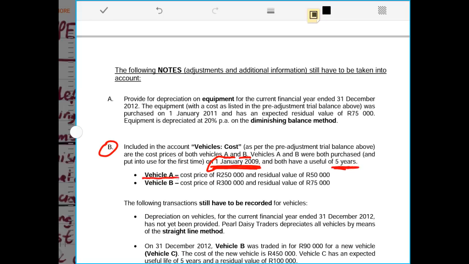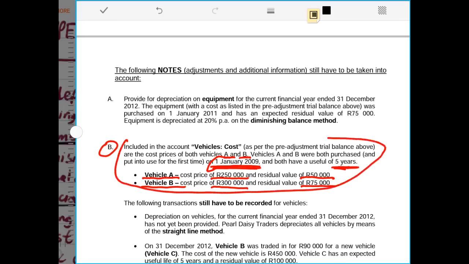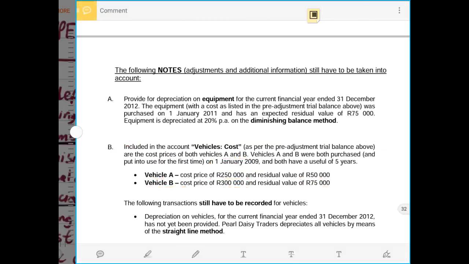Motor vehicle A and motor vehicle B cost 250,000 rands and 300,000 rands respectively, and have residual values of 50,000 rands and 75,000 rands respectively. The following transactions still have to be recorded for the vehicles. Remember, here they are just telling us the information necessary to calculate depreciation and the history of the assets.